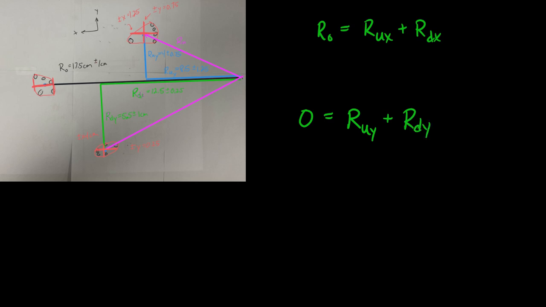I'm comparing. So looking at my values, let's do the R naught. It's 17.5 plus or minus 1. Is that equal to, let's see, R up x, 8.5 plus or minus 1.25 plus 12.5 plus or minus 0.25.